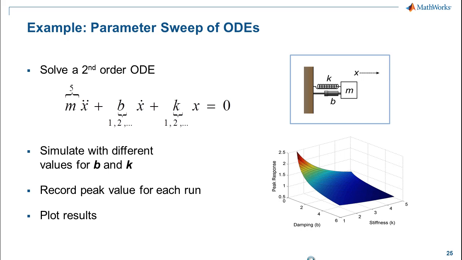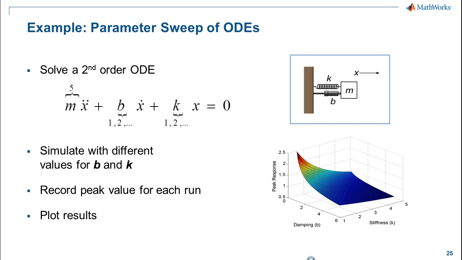And let's jump right into this example, which is a very popular parallel computing example. A very common type of application which people do is a parameter sweep. We have these parameters B and K for this example, and we want to simulate the system, computing the output for different combinations of values of B and K, and then record the peak value for each run and plot it.